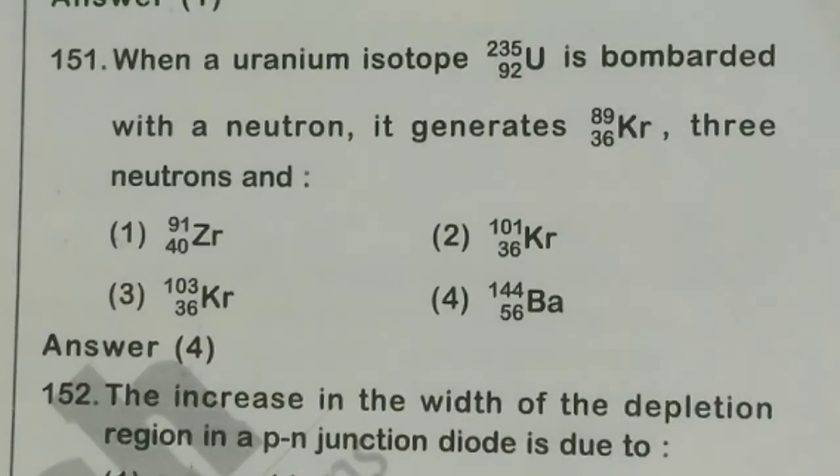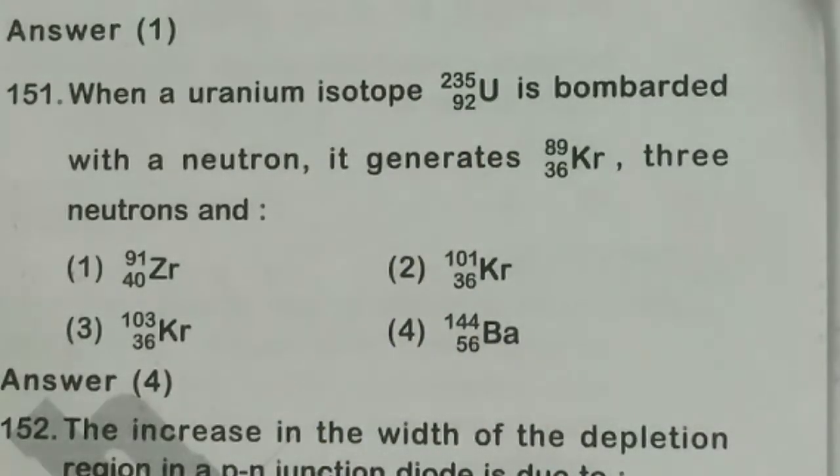Next we come to the 151st question. When a uranium isotope, uranium 92-235, is bombarded with a neutron, it generates krypton 36-89 and 3 neutrons. This is the general equation during nuclear fission. Uranium 92-235 is bombarded with a slow neutron, and we get barium and krypton along with 3 neutrons.